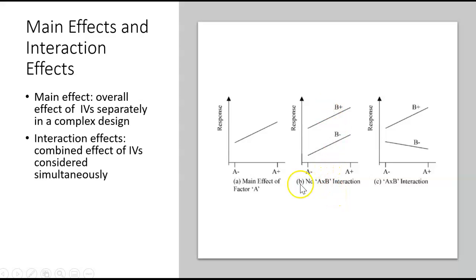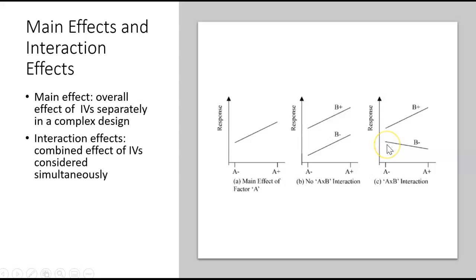In this image B here, you have no interaction. You do have a difference, but it's the same kind of pattern that you saw in the main effects. Whereas in this graphic for C, you have a difference in the direction of the effects.